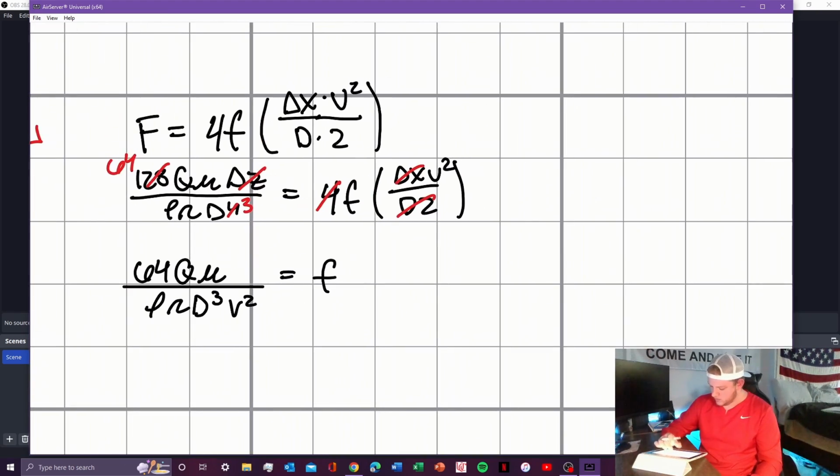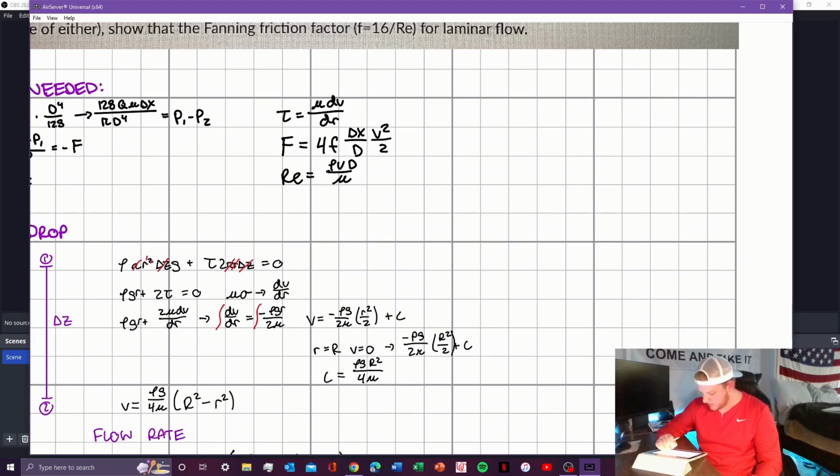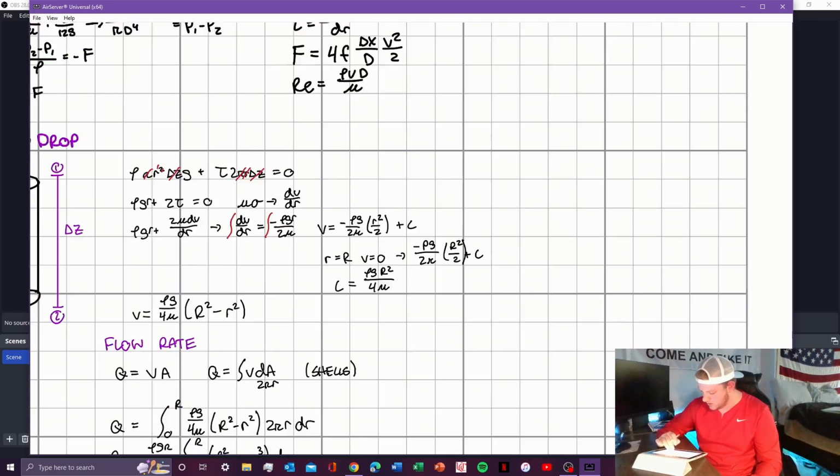All right, so we know that the Reynolds number is equal to, remember from lecture, rho V d over mu.